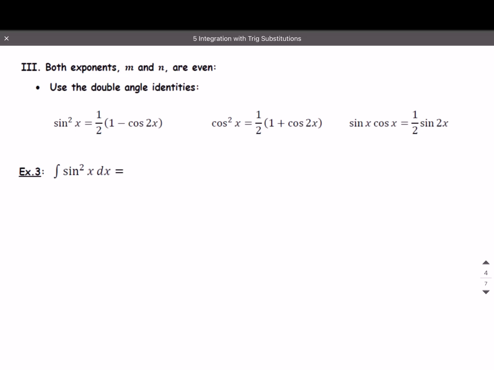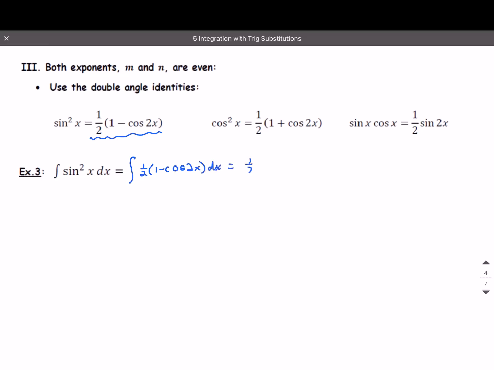In the case where both of the exponents are even, you want to use one of the double angle identities, okay? Because it's easier to take the antiderivative of a sine or cosine of 2x than it is to take the antiderivative of sine squared x or cosine squared x. So when we have the integral of sine squared x, we're going to change that to the integral of 1/2 times 1 minus cosine 2x dx.